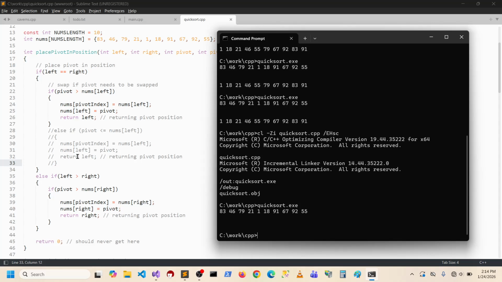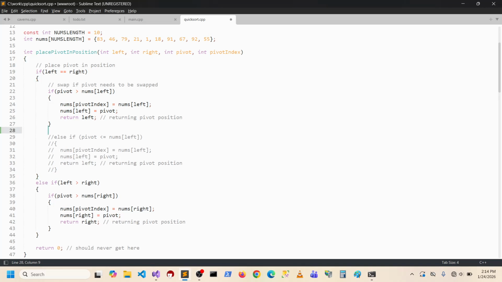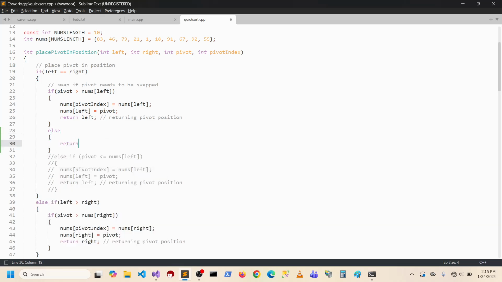We could just not do it in the return. Maybe we could return the pivot position being the same thing. Let me see that. Just keep it the same.